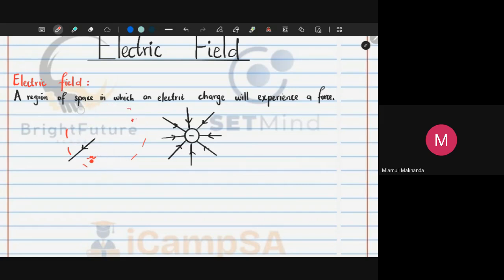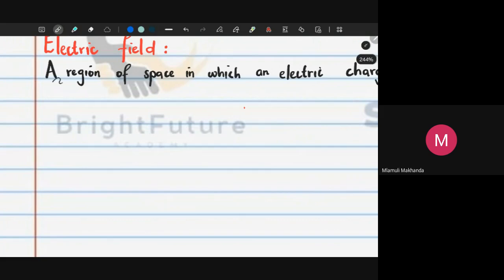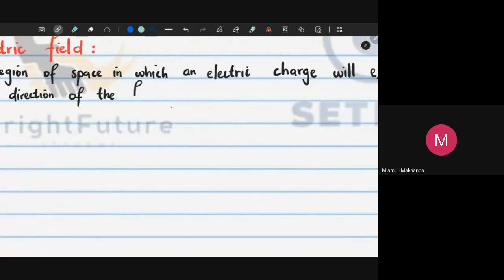Right. So let me write. I want to talk about the direction. So we're saying the direction of the field at a point, right?